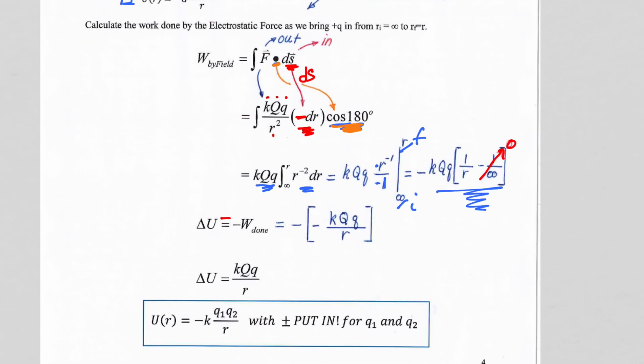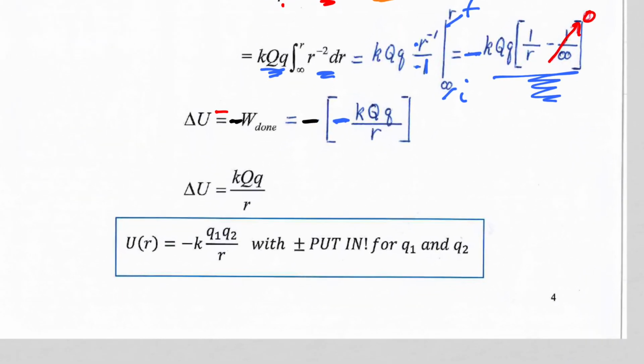We get a 1 on r squared dr, so integrating, we increase the power: r to the minus 1 over minus 1. And when we evaluate it, final minus initial, we get our result that we recognize the mathematics of from mechanics. 1 on infinity gives us 0. Change in potential energy by definition equals negative the work done. And if we were careful with our negatives, we could account for all of them.